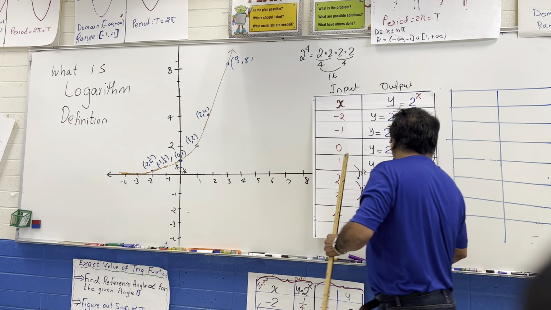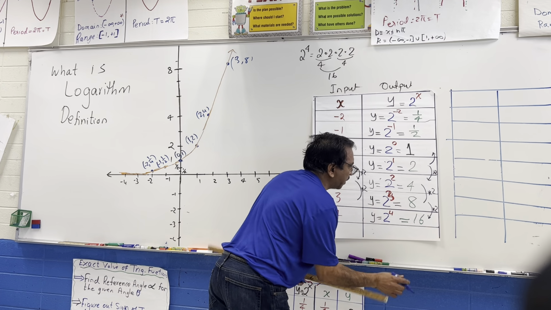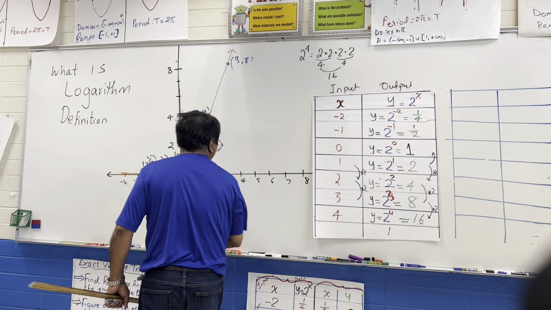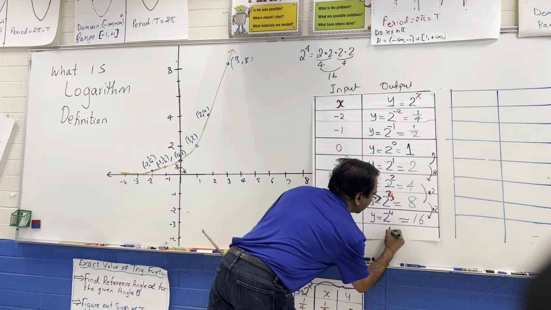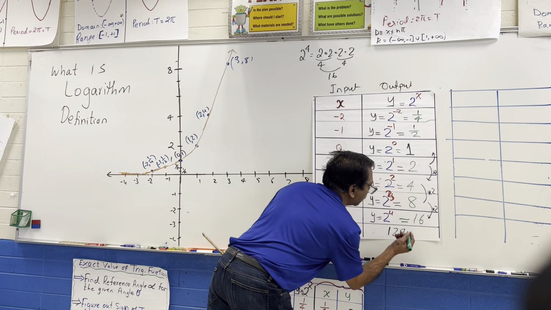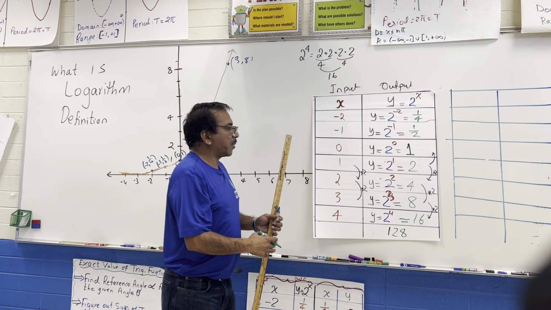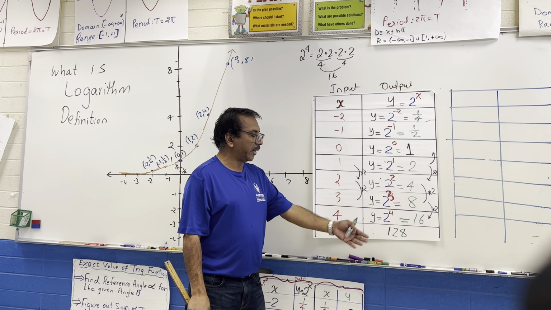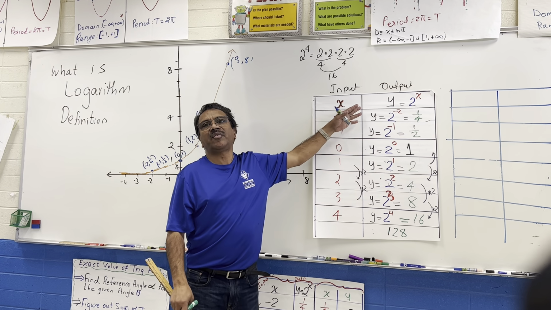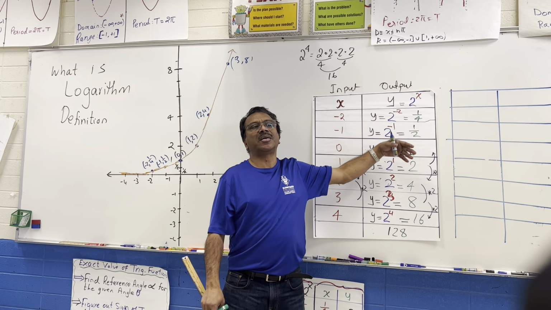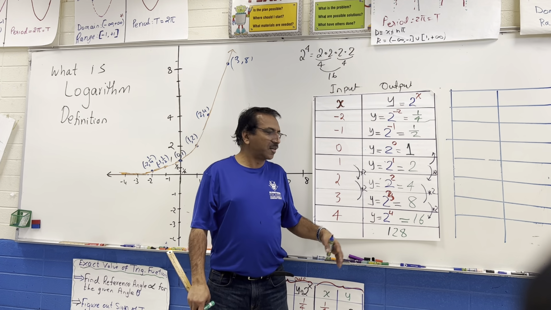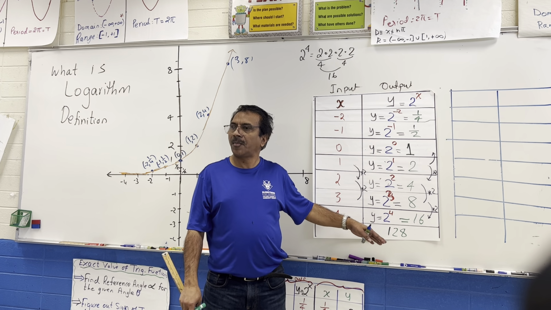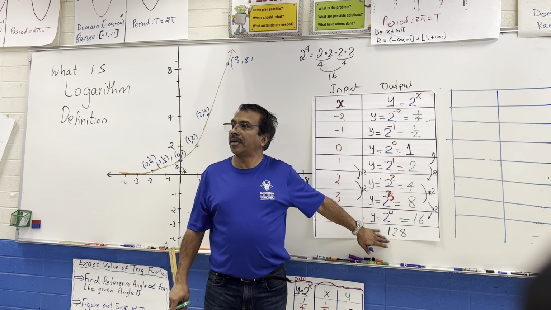If the question is asked, what if the output here was 128? What should be the input? So the question arises if the output is 128. See, we had a factor 2, right? All the time we were just multiplying 2, 2, 2s. So you're just asking the question, how many times do you multiply 2 to get to 128?